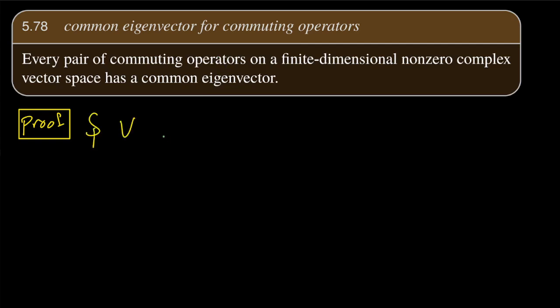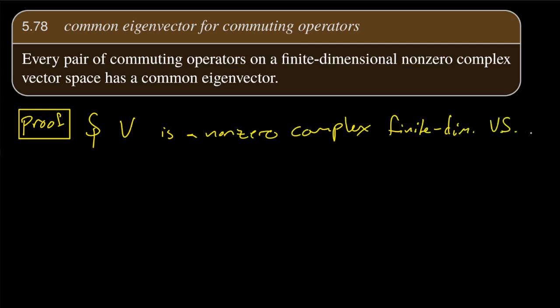Suppose V is a non-zero complex finite dimensional vector space, and that S and T operators on V commute. Okay.